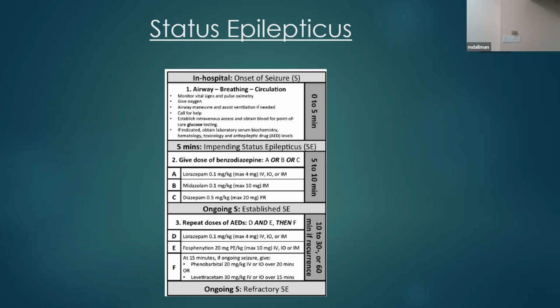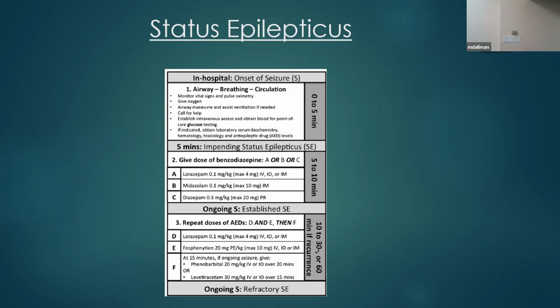So it requires some intervention. Usually that will require, like I said, administration of benzodiazepine. And if you repeat that again and it doesn't break, or they're seizing intermittently, then they need a second line.